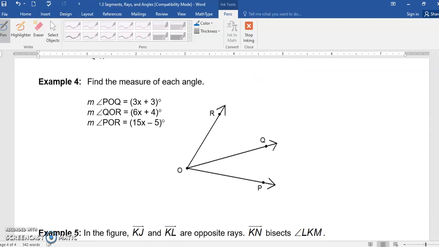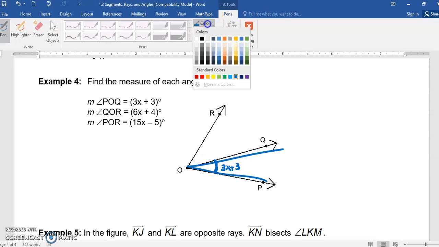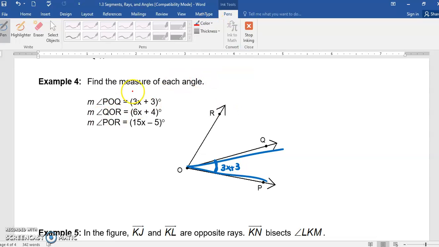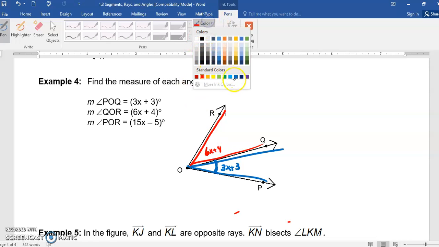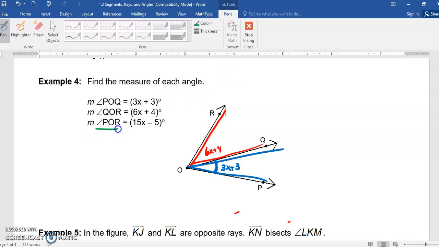Find the measure of each angle here. So angle POQ, that's this one here. That's 3x plus 3. Angle QOR is this angle. That's the 6x plus 4. And then we've got angle POR, which is the whole thing.